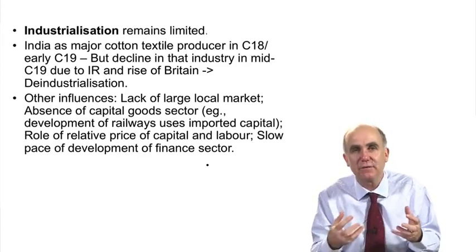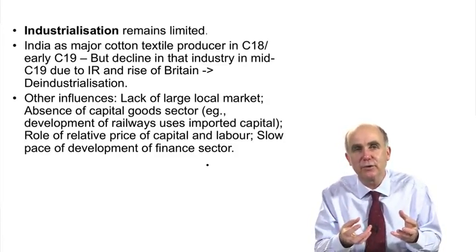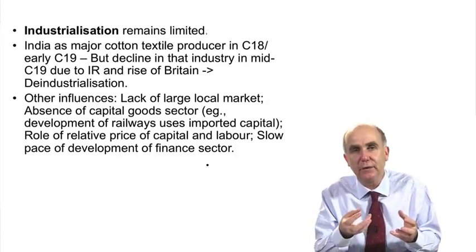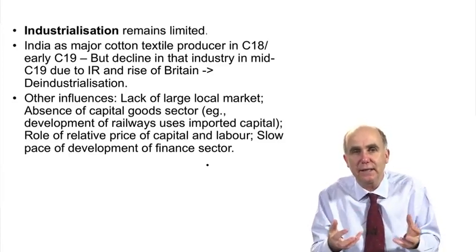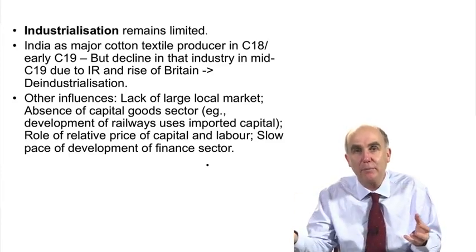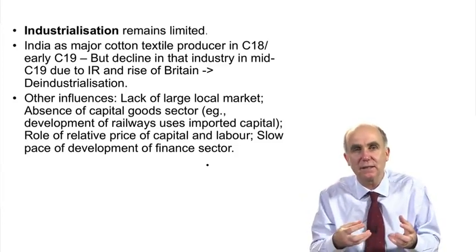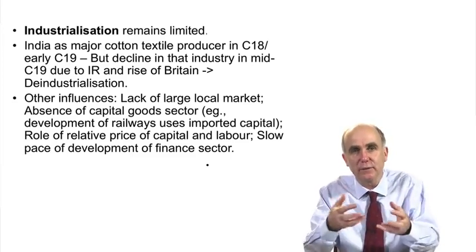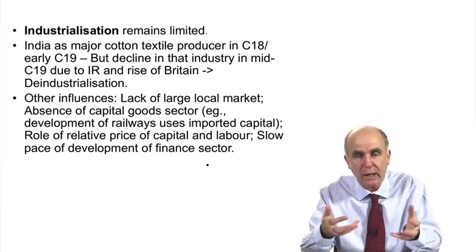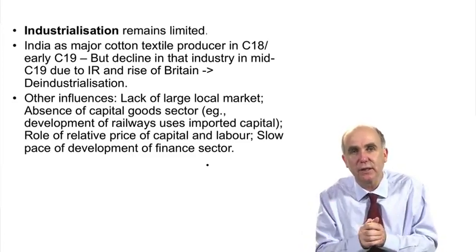There was an absence of a capital goods sector, so even though in the 19th century there's a lot of expenditure on infrastructure development by Britain in India, particularly the development of a railway system, essentially that's done using imported capital from Britain and Europe. So the development of railways doesn't lead to any industry in India which is dedicated to producing goods which would be part of the railway industry in India.